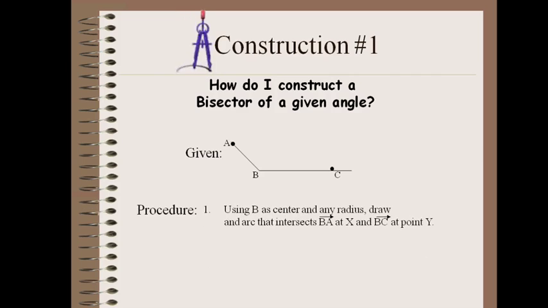Now first procedure, I'll take B as center and any radius. I'll inscribe an arc in such a way that this arc should intersect both the hands of the angle, that is AB and BC, at two distinct points. Those 2 points can be named as X and Y.